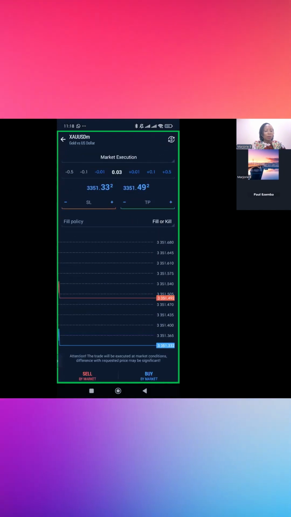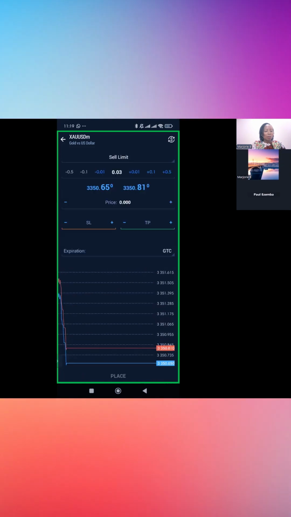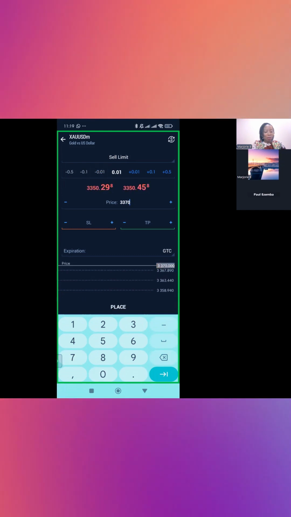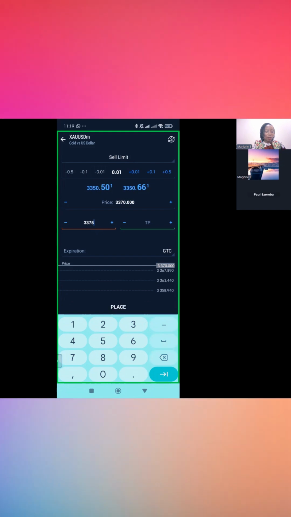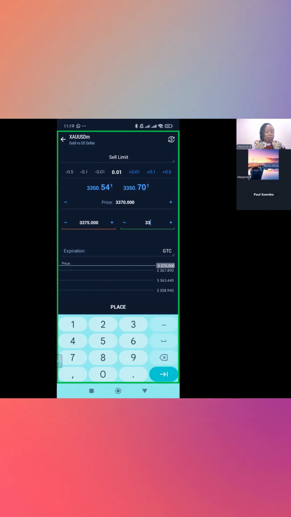Let's say I want to do a sell limit, let me start with 0.01. Let me put the trade at 3370, SL 3375, and the TP I can say 3340, and I click place.